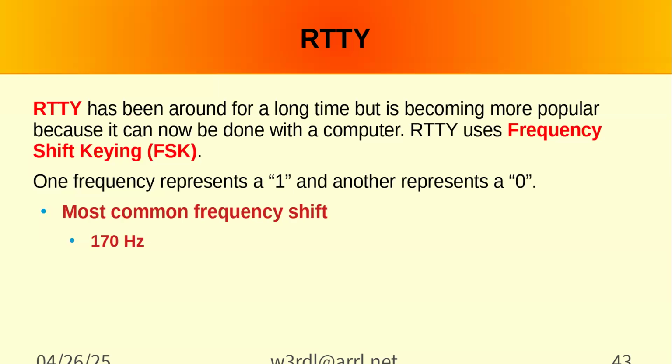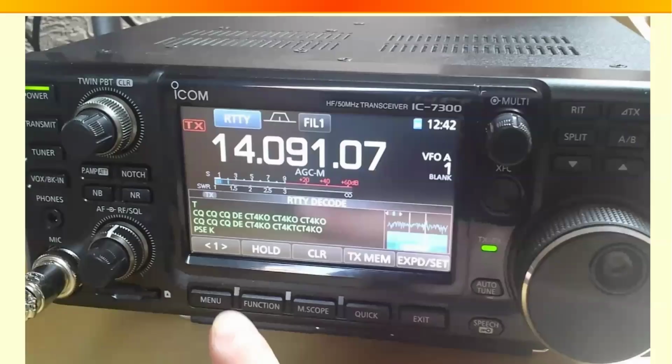That's what sticks in my head, because usually they list it that way, 2125, 170. And it shifts down for a space, right? Or no? I guess that's important.